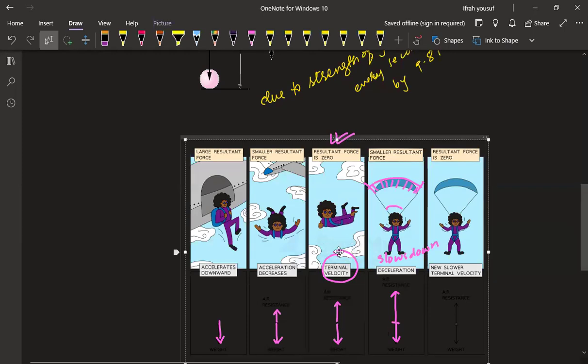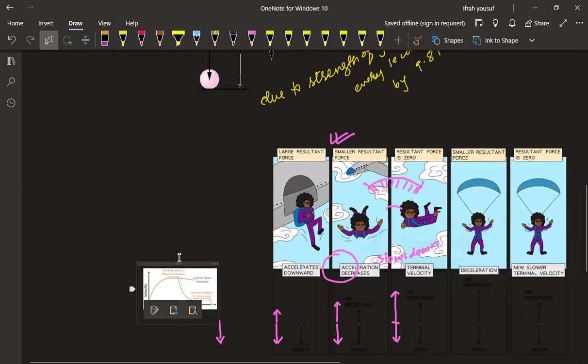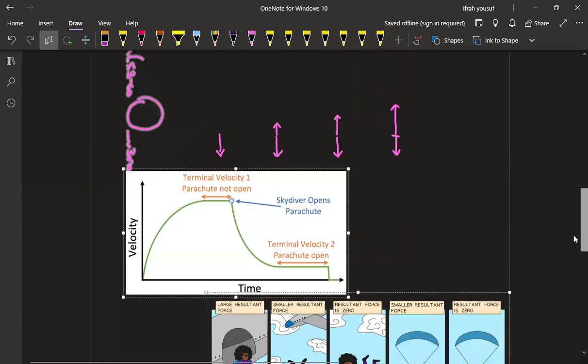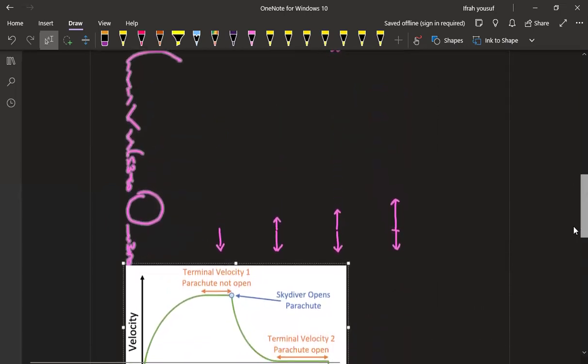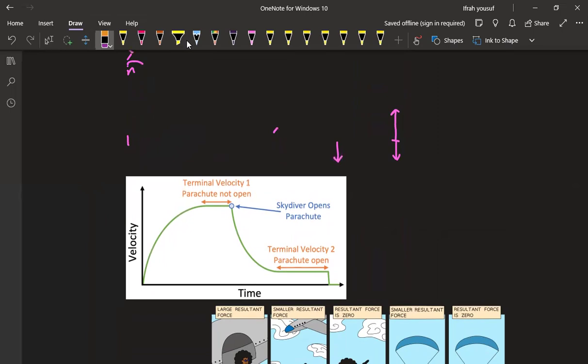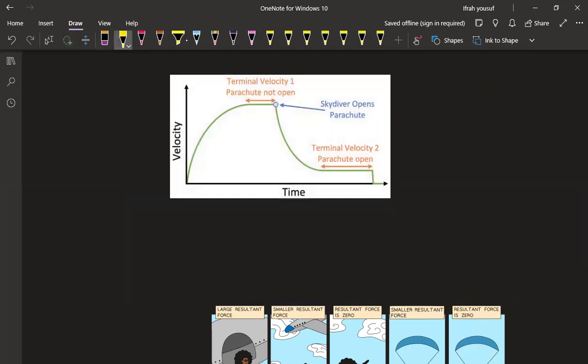You are going to see this graph as well. I think I have discussed this graph in one of the classes, but it was not discussed with you because terminal velocity had not started with you. So see this graph.